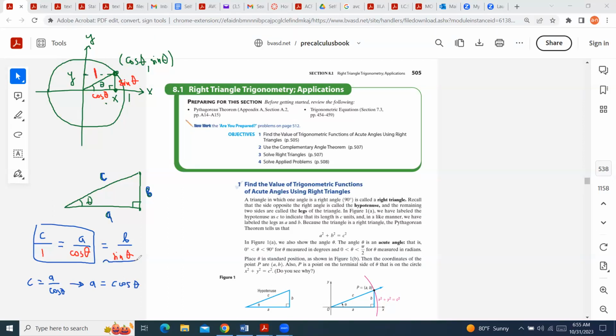And from the other one, saying that C over 1 is the same as C, which is B over sine, I get that B is equal to C times sine theta.